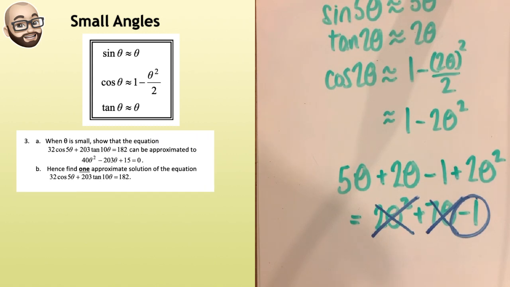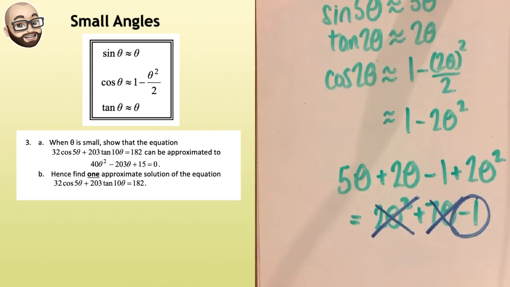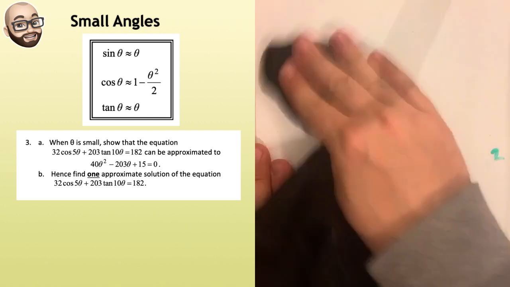And in the last example, it says when theta is small, show that 32 cos 5 thetas plus 203 tan 10 thetas equals 182 can be written as 40 theta squared minus 203 thetas plus 15 equals 0. Okay.